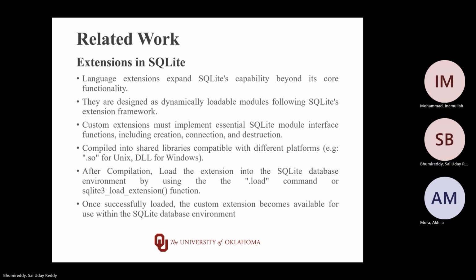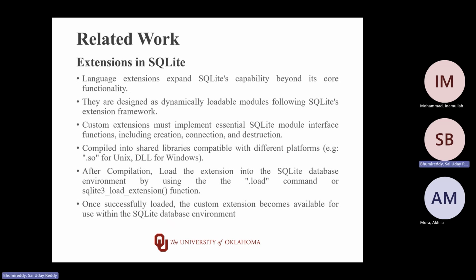We can implement any kind of new features in SQLite by extensions. Extensions are like dynamically loadable modules which can expand SQLite's core capabilities. We can create extensions by following the SQLite framework and implementing the required functions. Once we create them, we have to compile them into shared libraries, like .dll for Windows and .so for Unix.